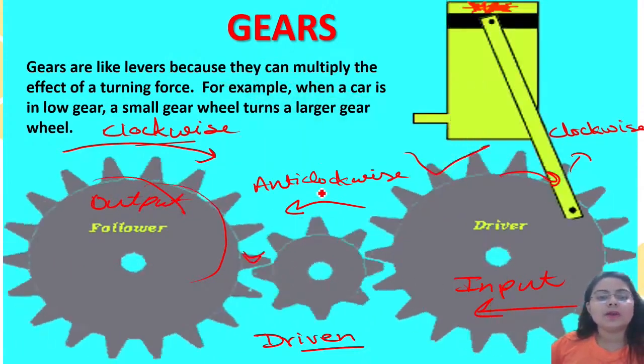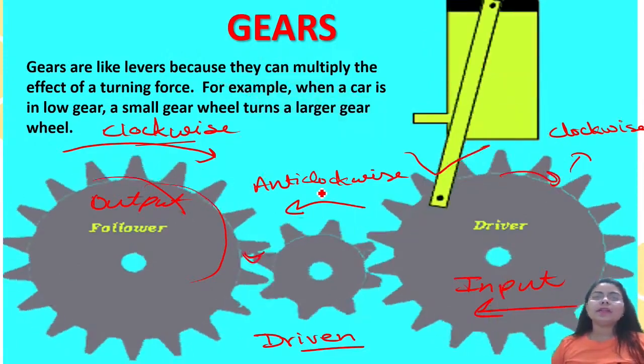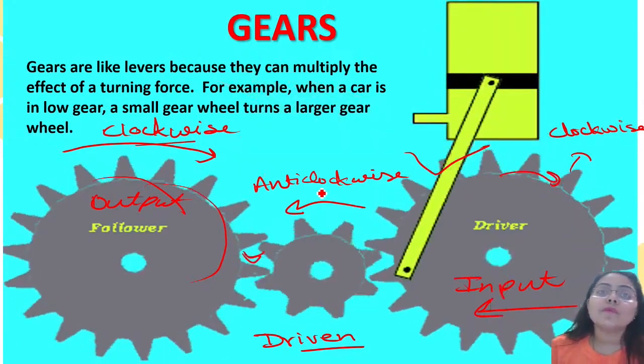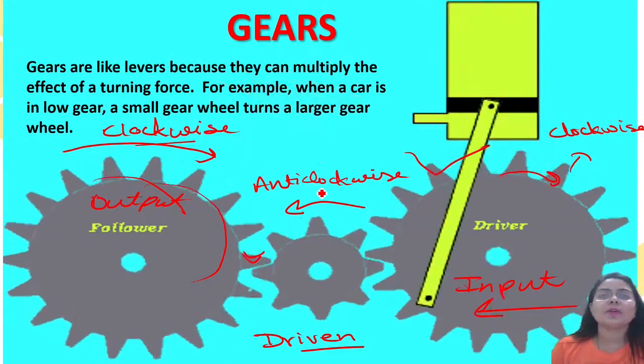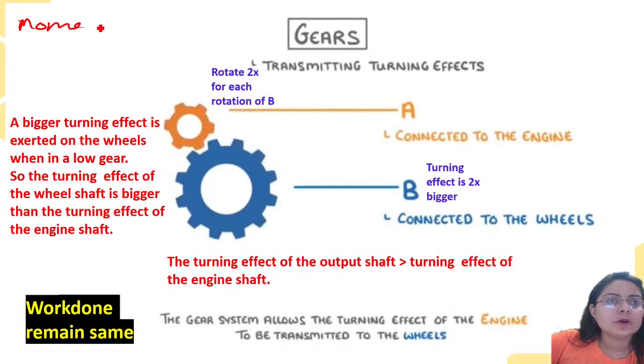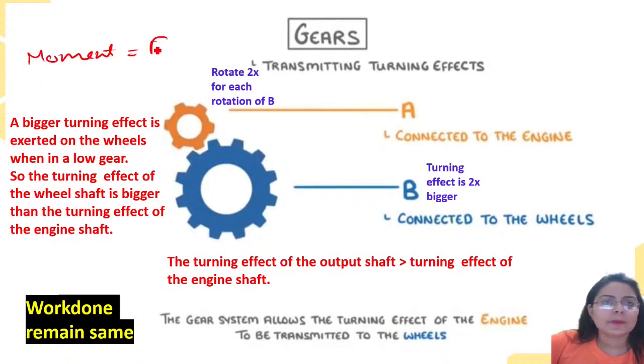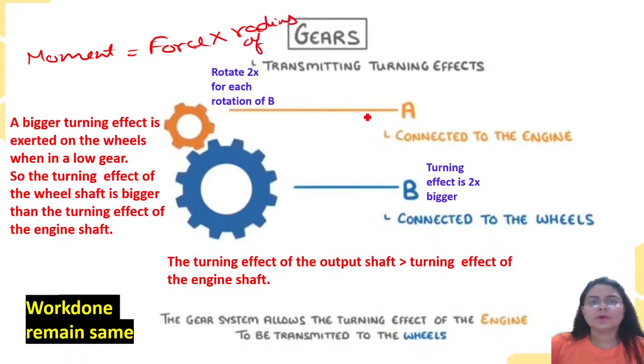All right. So there are a few more facts that you need to know: although the force will be the same on both gears, the moment will not be the same. Moment of a gear will be equal to the force applied, we can call it torque also, force applied on the gear into the radius of the wheel.